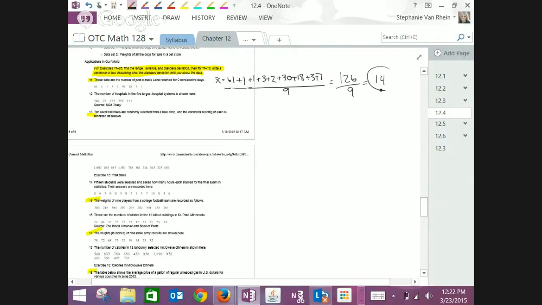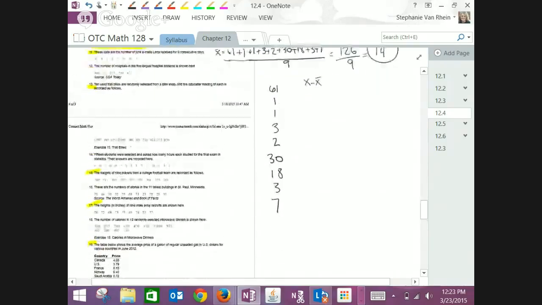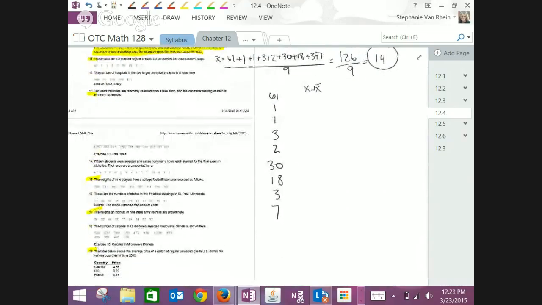So then if my data points are 61, 1, 1, 3, 2, 30, 18, 3, and 7, I take X minus X bar. So what's 14 minus 61, or 61 minus 14? That order doesn't matter because you're going to end up squaring them.